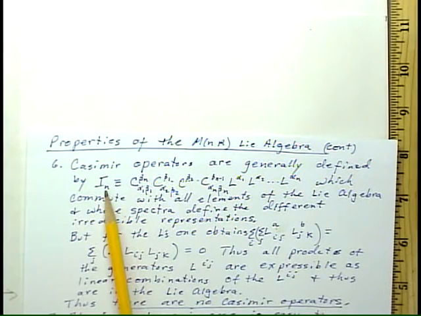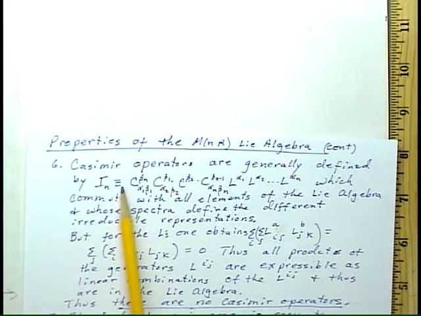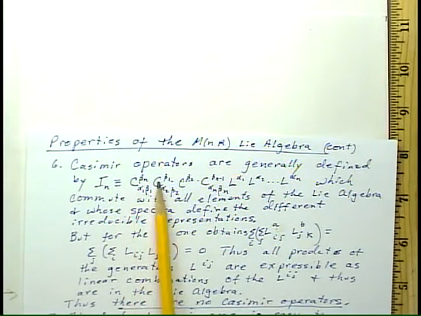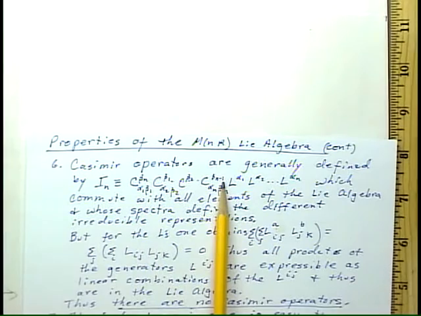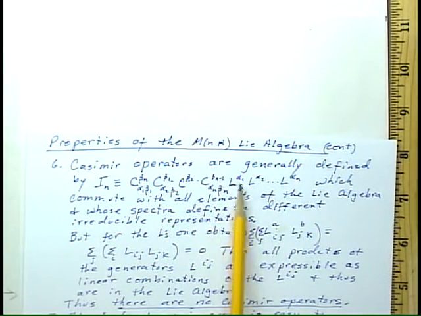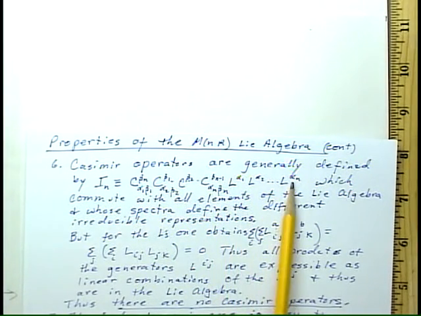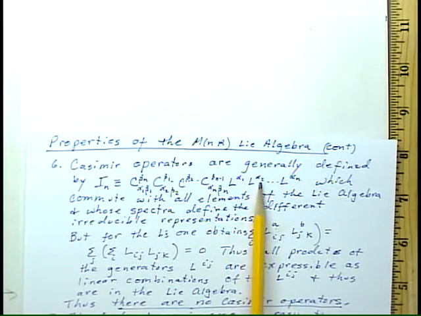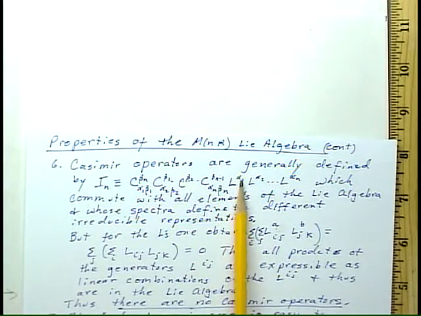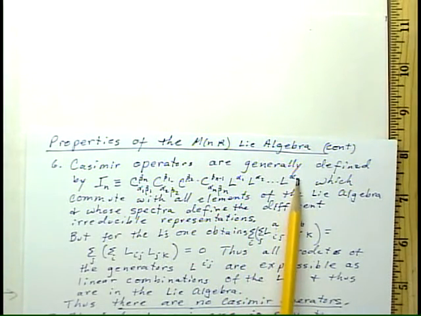This is a complicated looking expression, but it's important because I don't believe we've used this expression before to understand the terms. We have a whole set of products of the structure constants, and a whole set of products of the L's. This only starts when we have at least two L's, labeled as L with alpha 1, alpha 2, up to alpha n. So there are going to be n of these.